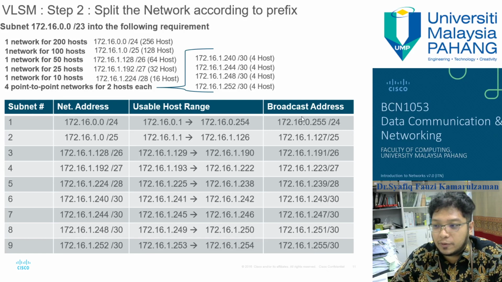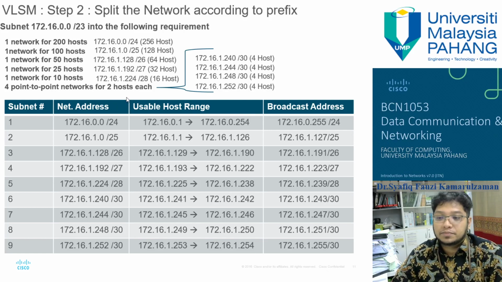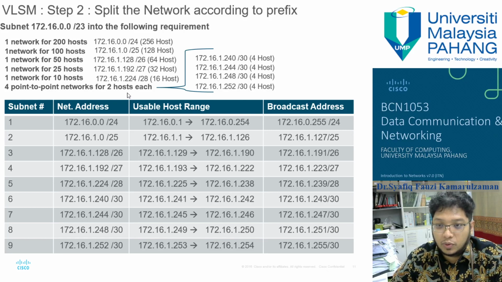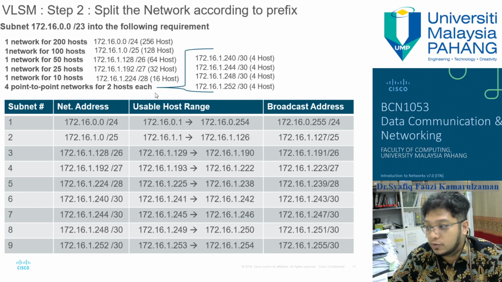So basically, the broadcast address is the address one before the next subnet, and the usable host range is anything in the middle of the network address and the broadcast address. So basically, this is how you conduct the VLSM for a network. So we have provided in your Google Classroom a lot more exercises for you to try.